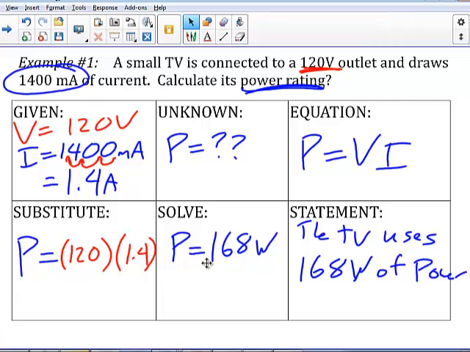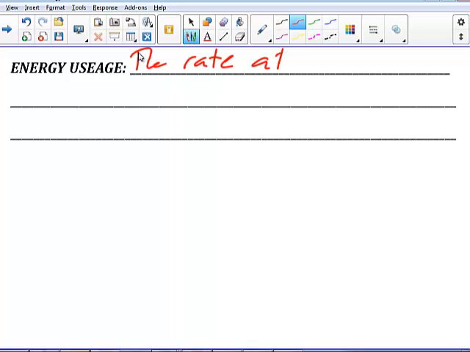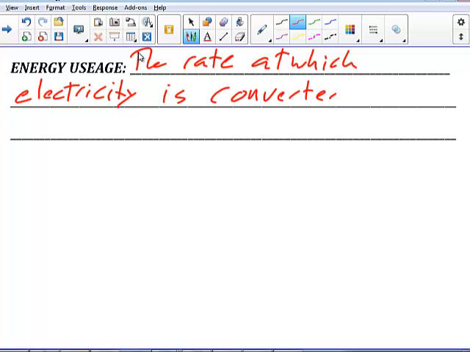So that's the first of 3 equations we're going to learn today. The second one we're going to learn is about energy usage. When we're looking at the energy usage of the item, we're looking at the rate at which electricity is converted to another form.